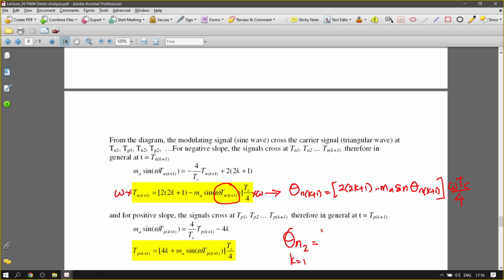Therefore, this equation becomes 2 multiplied by 1 is 2 plus 1 is 3. 3 multiplied by 2 will become 6 minus whatever ma is, sin theta n2, 2 pi Fm over 4, and this is 1 over Fc. Right? That's all.